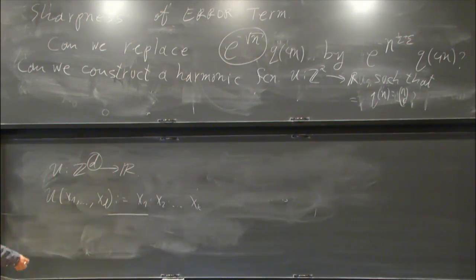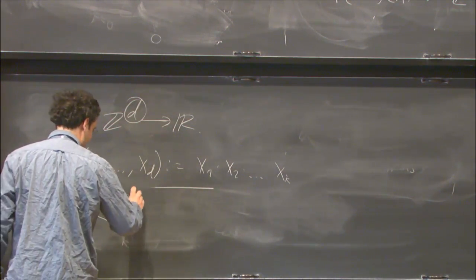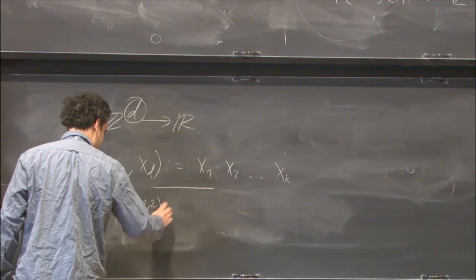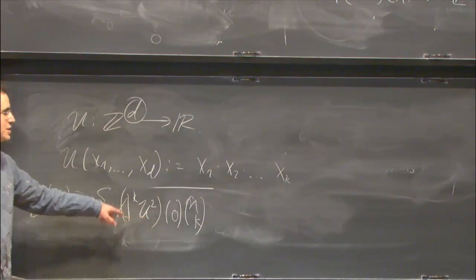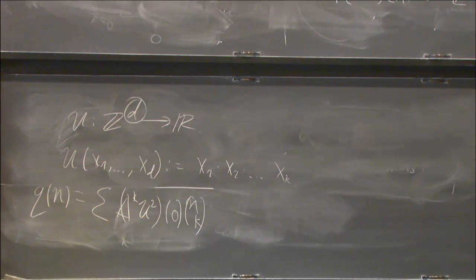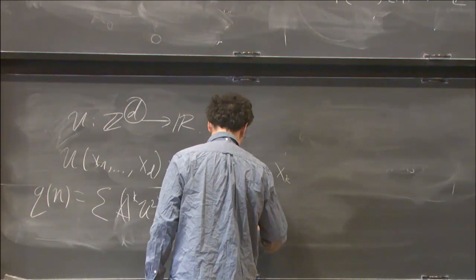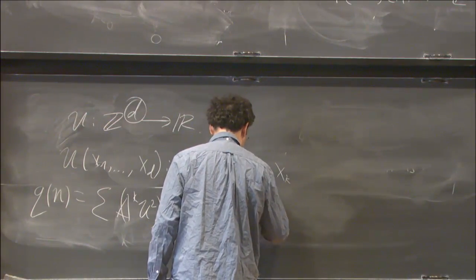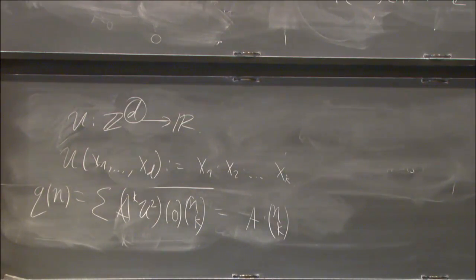For this function it's a very easy computation because we know how to compute q of n. I'll write again the formula. These expressions are very easy to calculate for this function, and what you get is some constant times n choose k. So if we allow the dimension to be big, then we can create it.